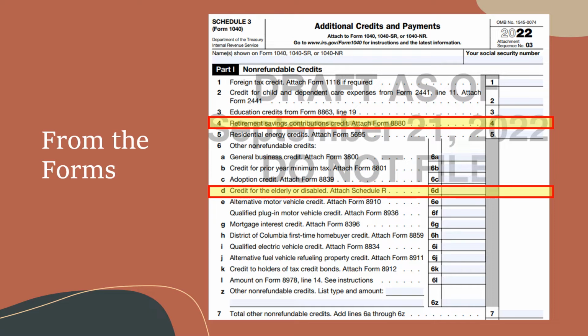In this lesson, both of the credits that we're going to be talking about are non-refundable credits, and they flow onto the return through Schedule 3, our additional credits and payments in Part 1. Line 4 is the Retirement Savings Contribution Credit, and line 6D is credit for the elderly or disabled. And you'll see that both of those have another form that will be attached.